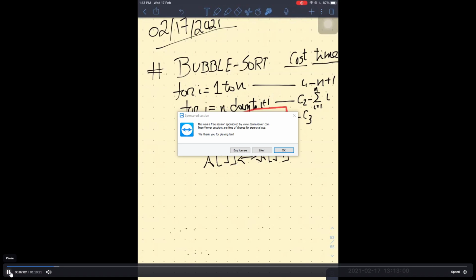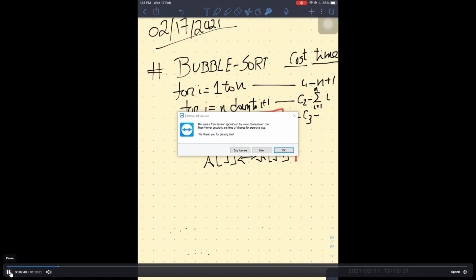And for this third line, where we exchange the values, its value will depend on the input array. For the worst case, we will assume that the input array is sorted in reverse order, meaning we have to execute this line every time we compare a[j] and a[j minus 1].